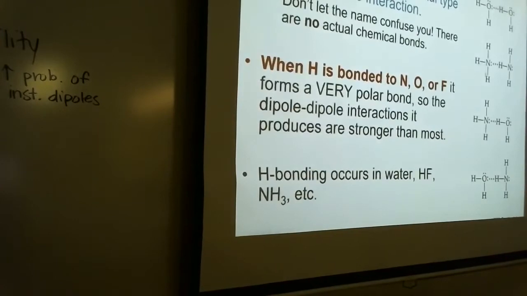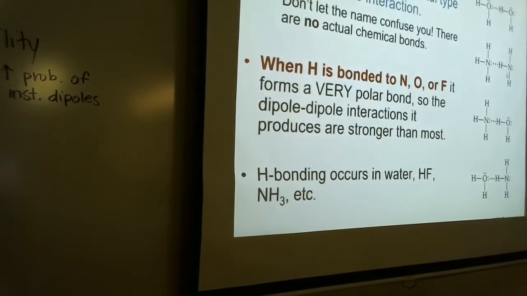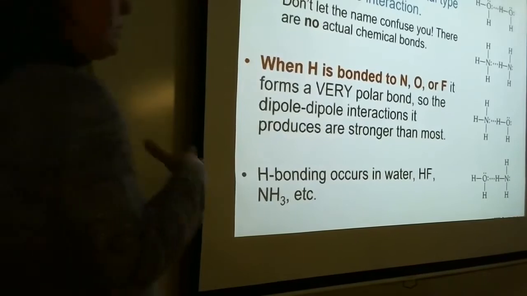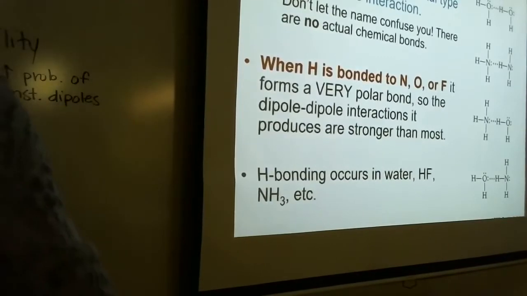Ammonia, NH3, right? The whole molecule is capable of hydrogen bonding. And then ammonia could hydrogen bond with water, right? There's ammonia hydrogen bonding with water. There's water hydrogen bonding with ammonia. So sometimes, if the molecule is small enough, the entire molecule can hydrogen bond. But if we're talking about a larger molecule, sometimes it's just the particular portion.